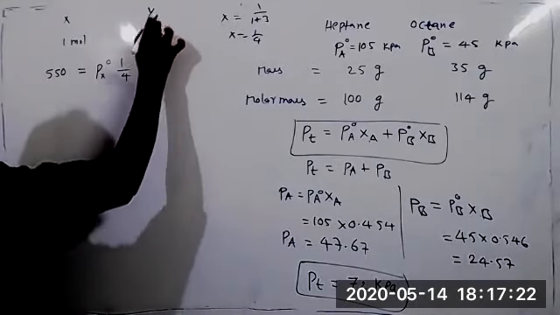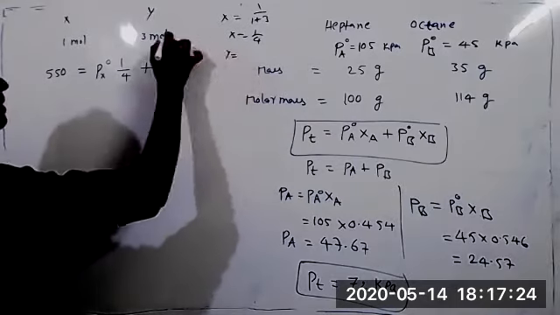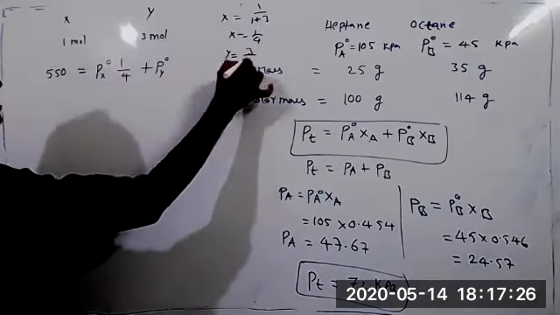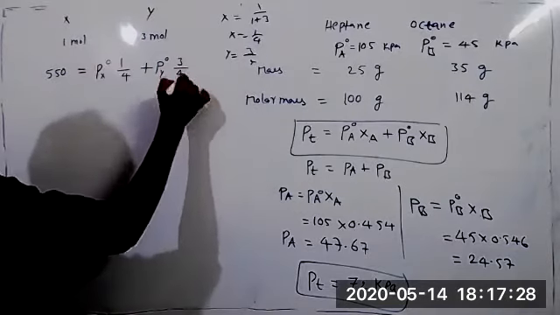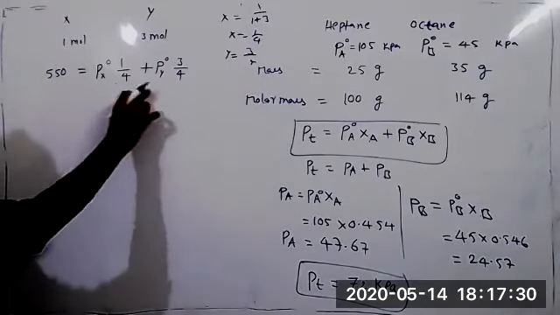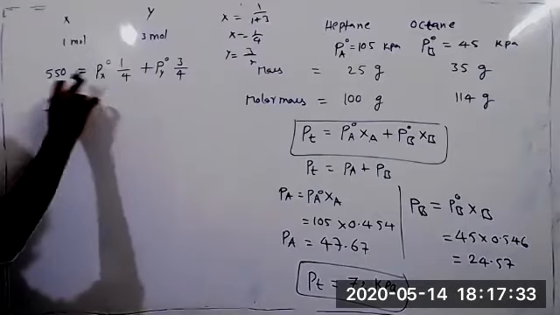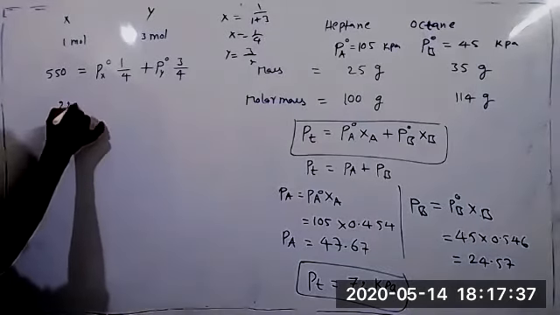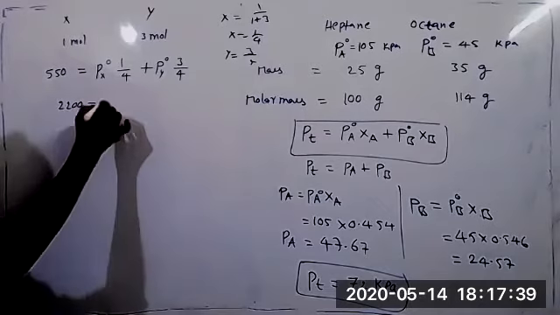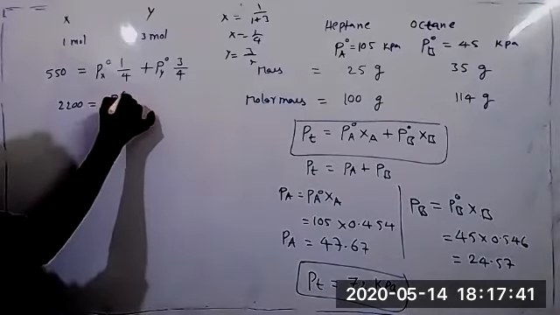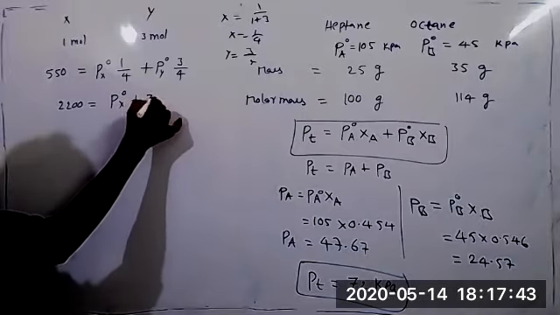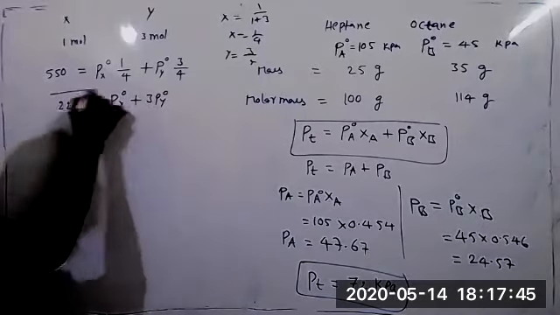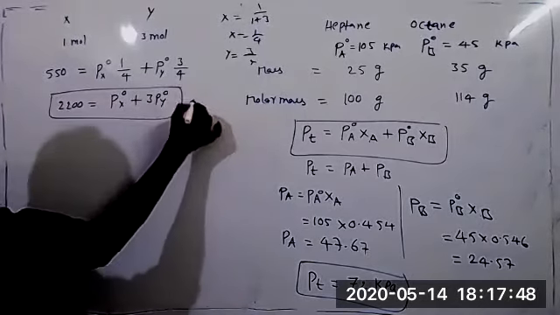And mole fraction of Y is 3 by the total number of moles, 3 by 4. Here LCM is 4. 550 into 4 is 2200, equal to Px power 0 plus 3 Py power 0. This is equation 1.